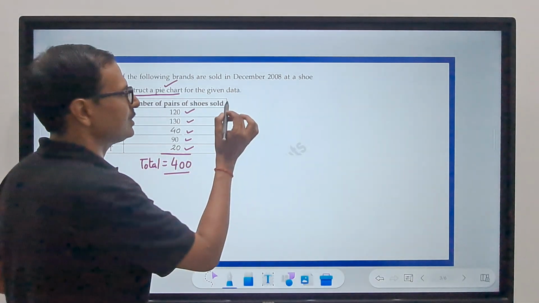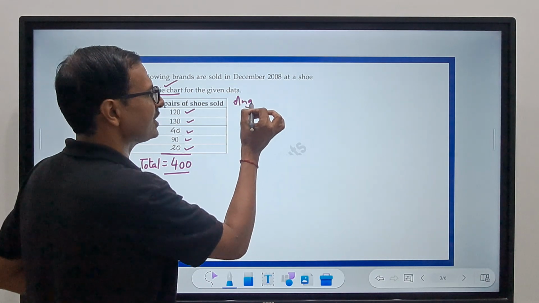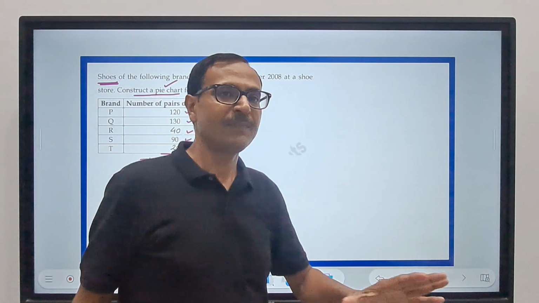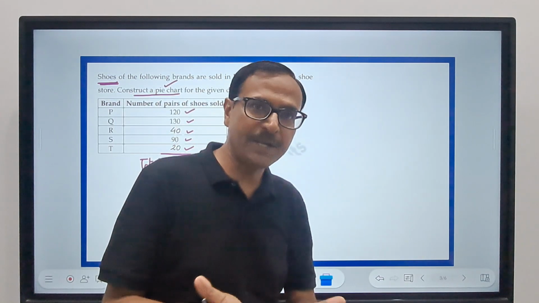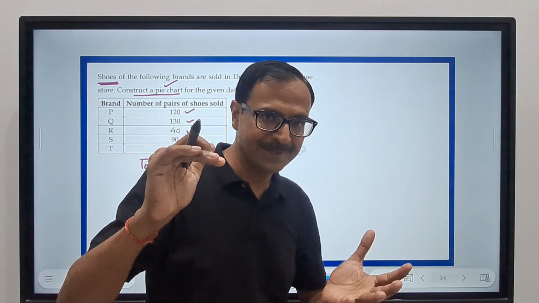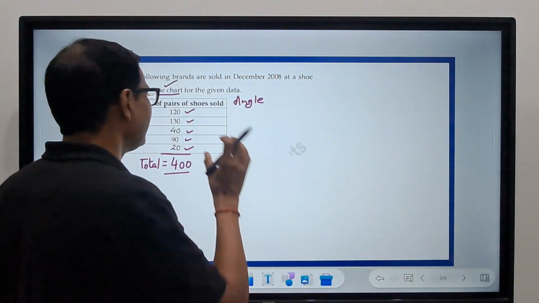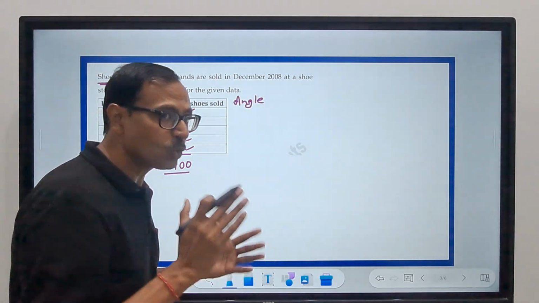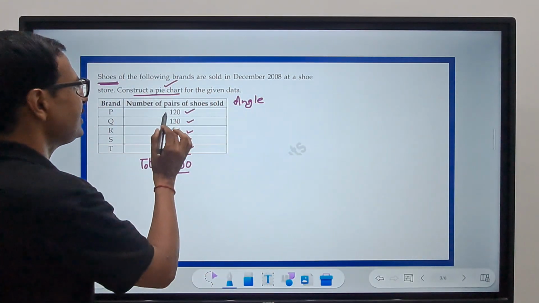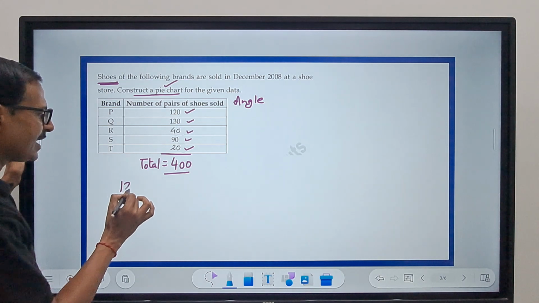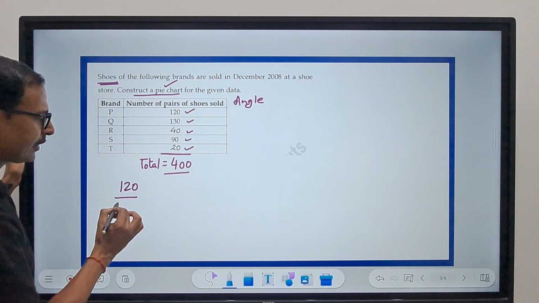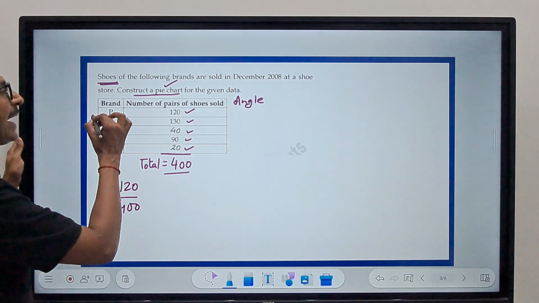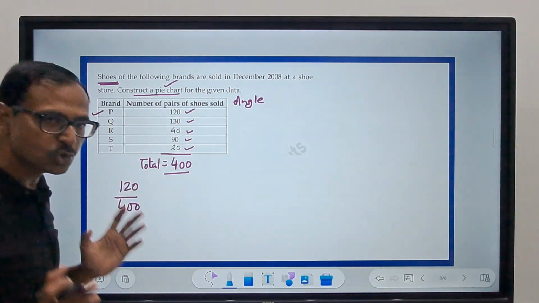My aim is to find the angle which I have to construct in the pie chart to convert the circle into different sectors. This angle is the sector angle. How do I find the sector angle? See, 120 is out of how many? 400, right? So this is the fraction of brand P shoes sold.